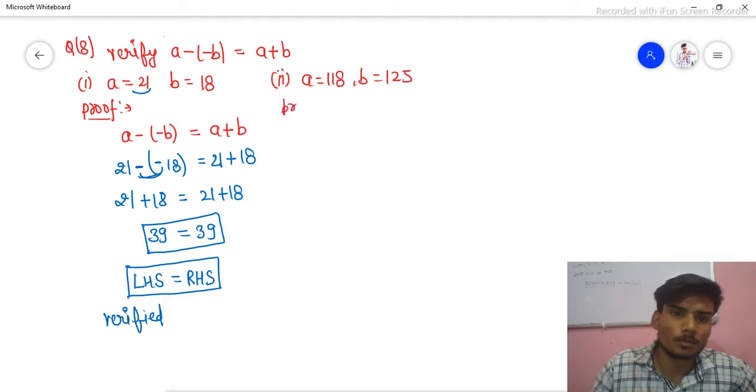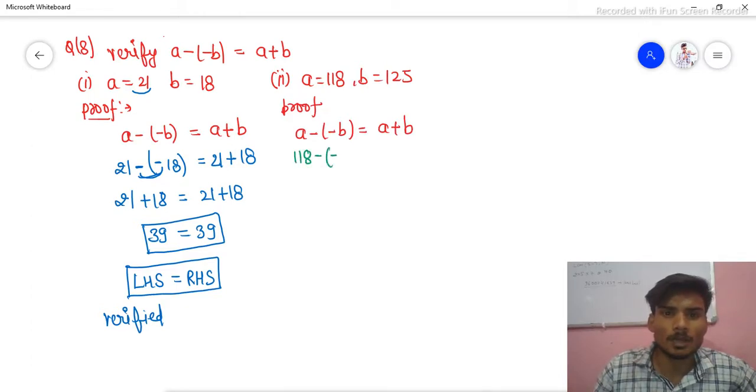So the proof: a minus b equals a plus b. So the value of a is 118 minus minus, the value of b is 125, equals 118 plus 125.